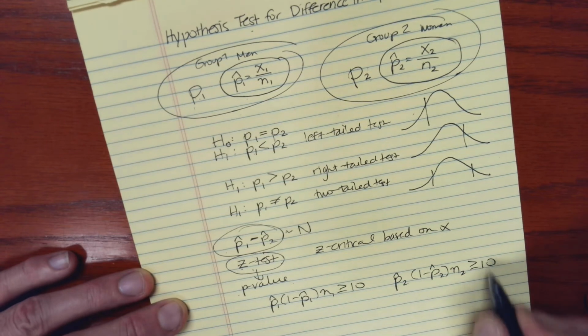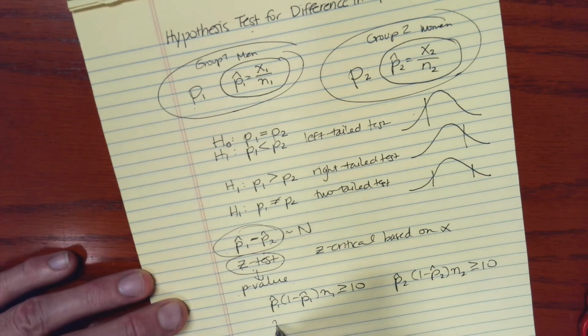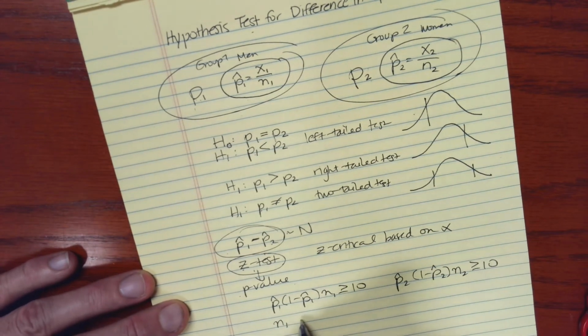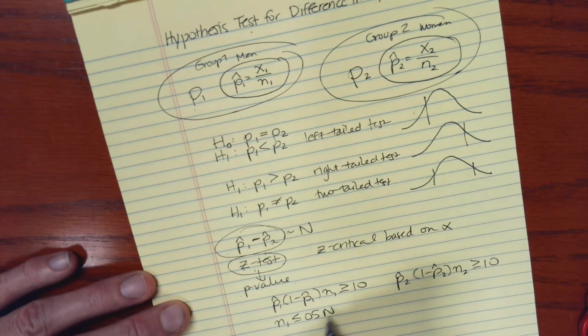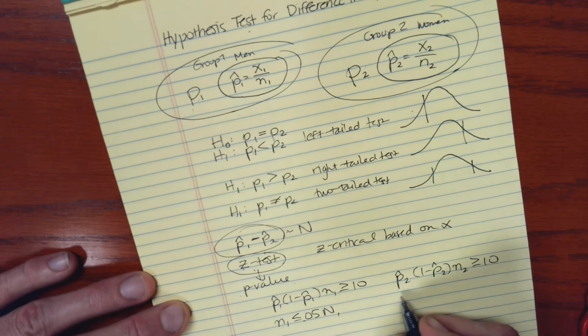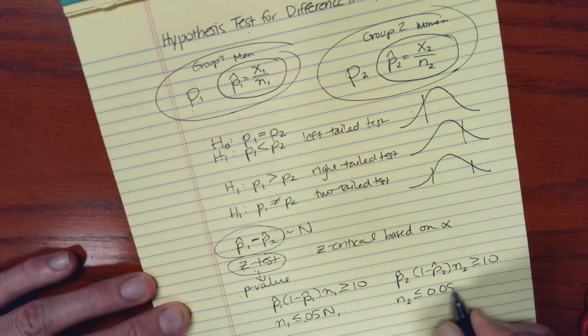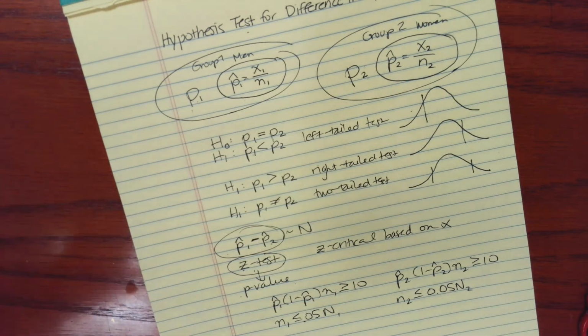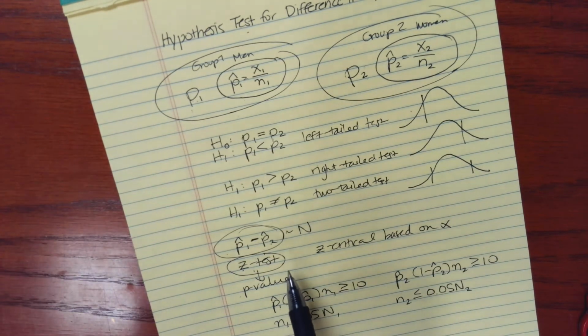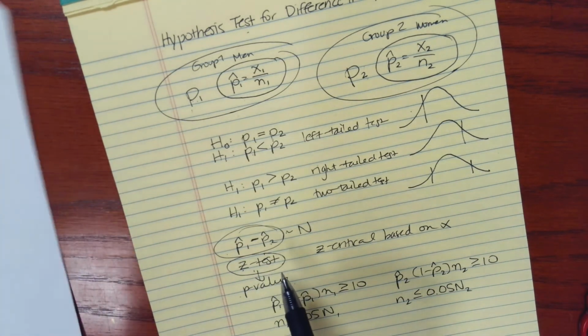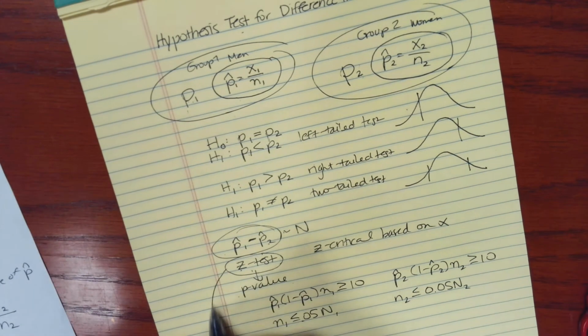I want to make sure that both of those are at least 10. And I also want to make sure that my sample size is less than 5% of the population size. And I'm going to do that in both cases. So n2 is less than 0.05 times capital N2.